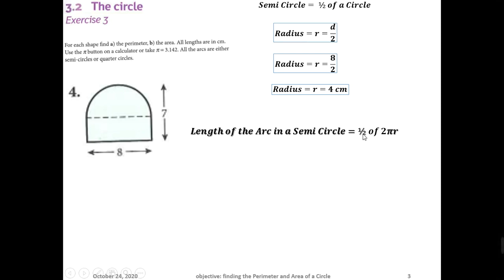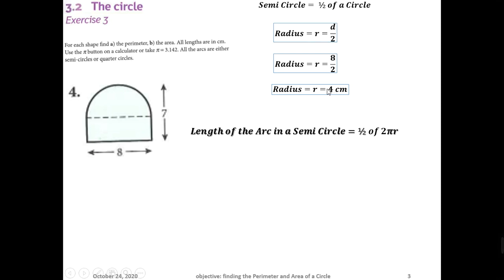So you either write it as 1 over 2 of 2 pi r, or 180 over 360 of 2 pi r. And it is important for you to know this piece of information when we come to calculating the area or the perimeter of any sector or any section that's taken from a circle.